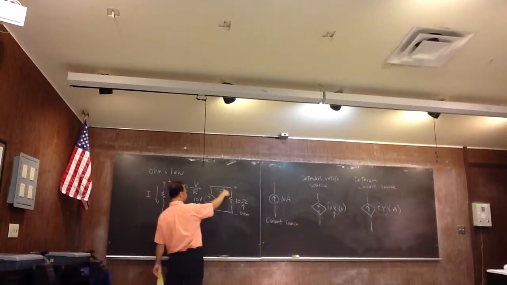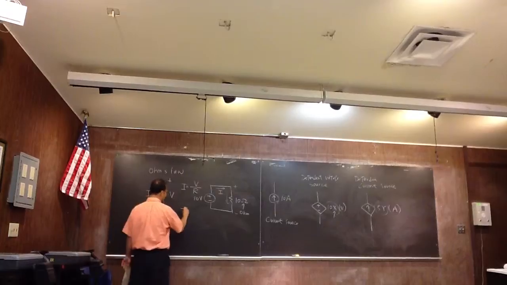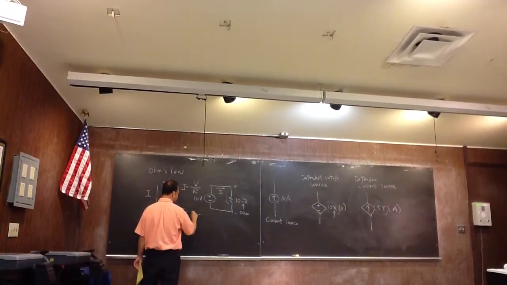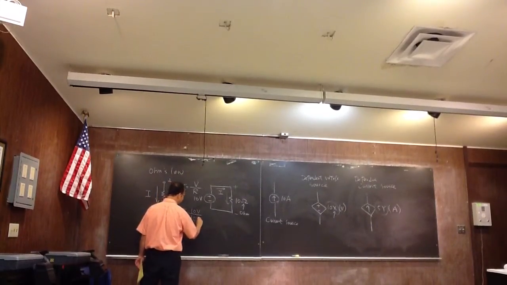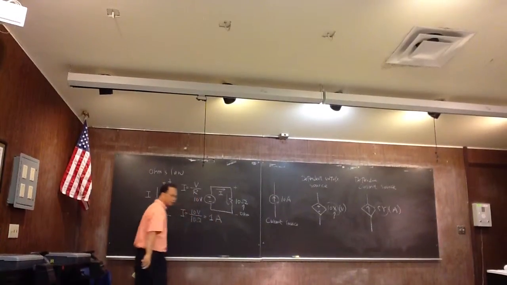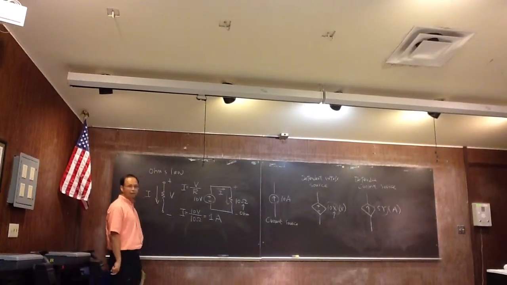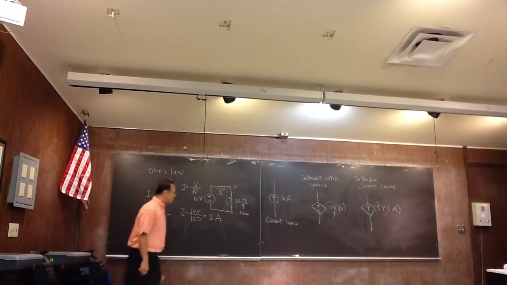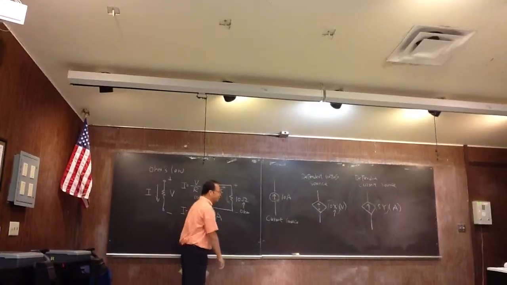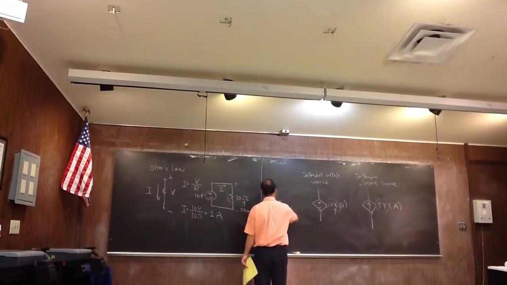So the current is going to go in this direction. Therefore, I is equal to 10 volts divided by 10 ohms. That gives you 1 amp. Very simple. I wish all examples would be so simple. Life is tougher than we think. Not so simple.